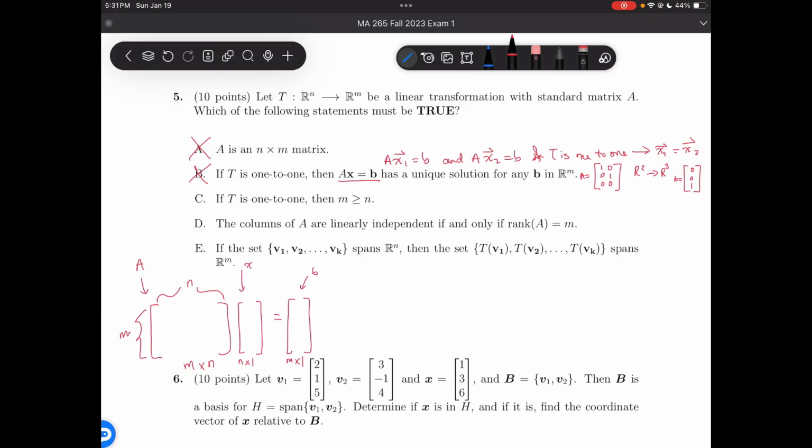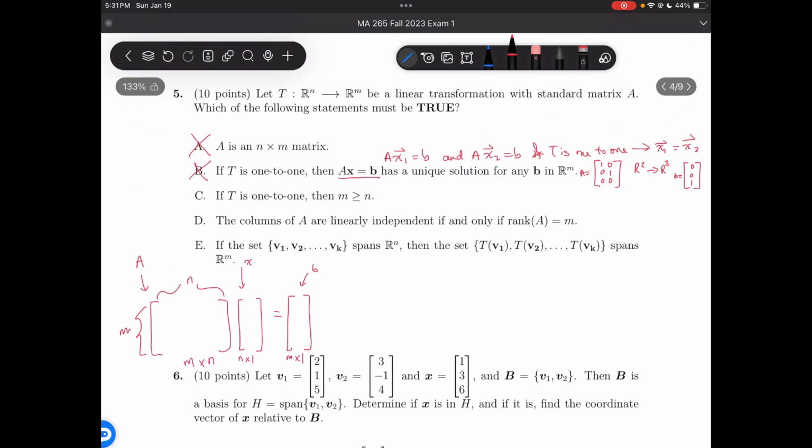So the rank is equal to the number of linearly independent columns. So if all the columns of A are linearly independent, they would equal n, not m. So that means D is false.